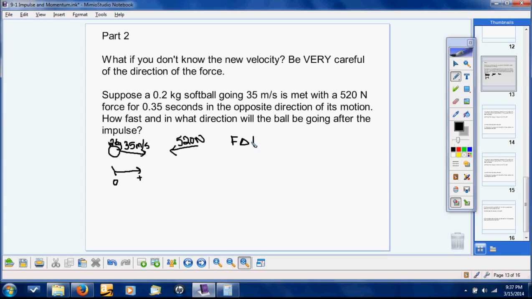So let's look at our impulse momentum equation. Force and time: you have a 520 Newton force, and this force is negative, because the positive direction is the ball's motion and the force is in the opposite direction. It does this for 0.35 seconds.